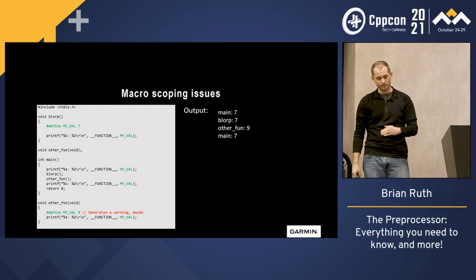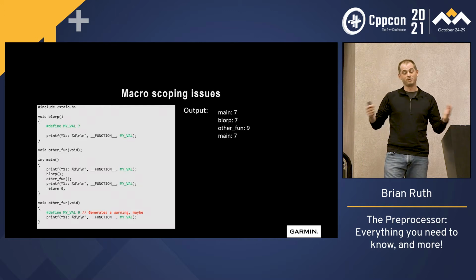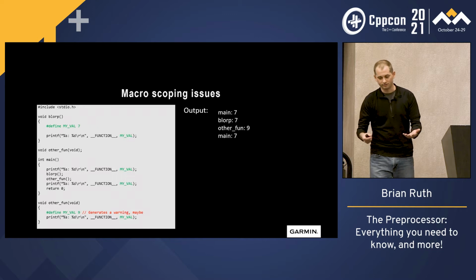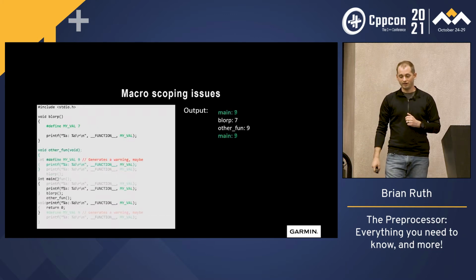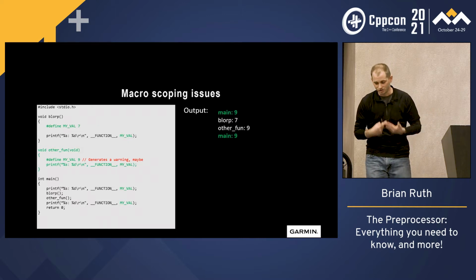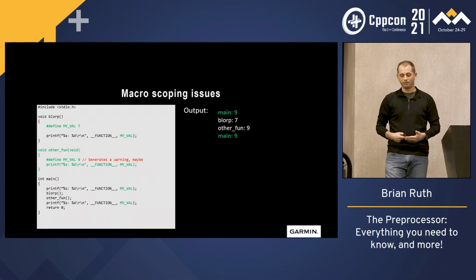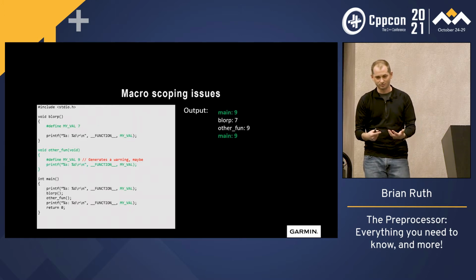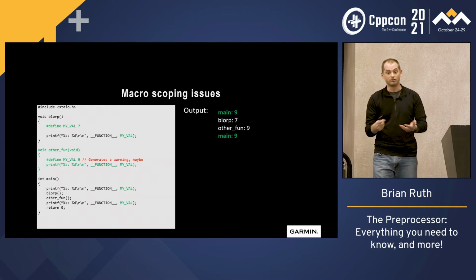And then further down in that other function, we redefine it to 9. Now if you have your warnings turned on and actually listen to your warnings, you may get a warning on this. But if under maintenance, somebody just decides to reorder the way the code is in the file, all of a sudden that changes the value that's printed out in main. So be very, very careful. This is another good reason to use those local enums, is they do have scope.